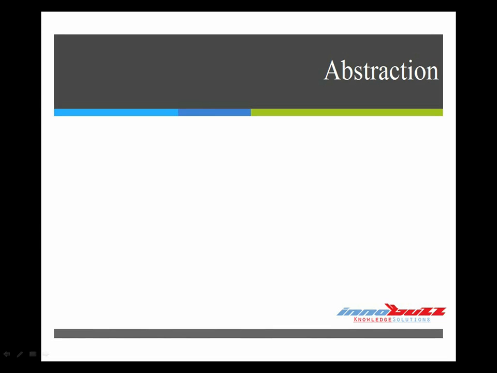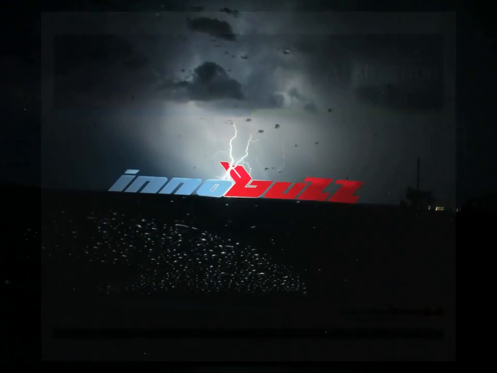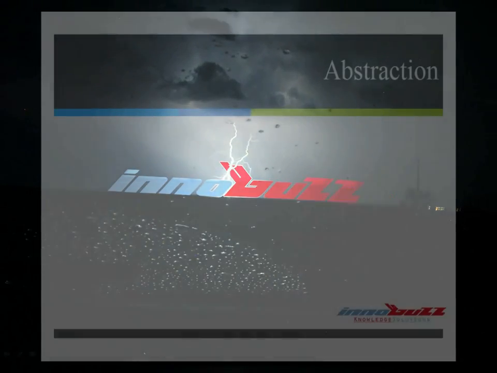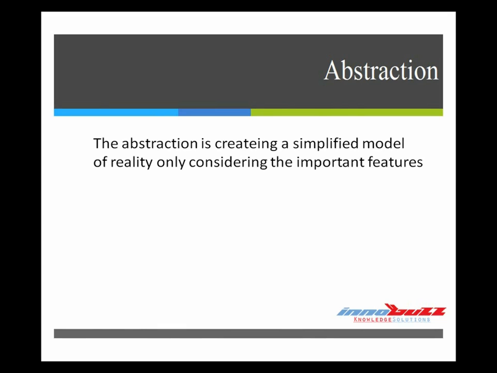And the others are not really important. If we are talking about abstraction from the programming point of view, we can say that it is a process when we want to create a simplified model of the reality, and we consider only the most important features and attributes as parts of our mapping.